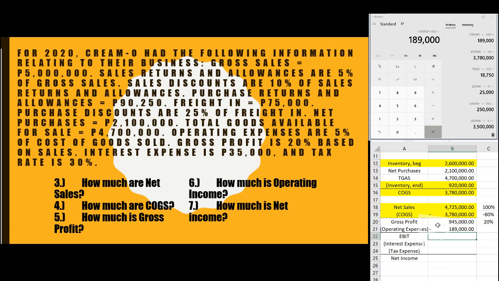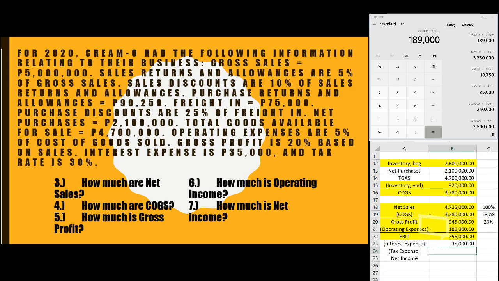We found this one as well, and this one, and this one. Hindi to given. So we're going to solve for this one. So gross profit less operating expenses, we have 756,000. Now, interest expense is given. Interest expense is 35,000.